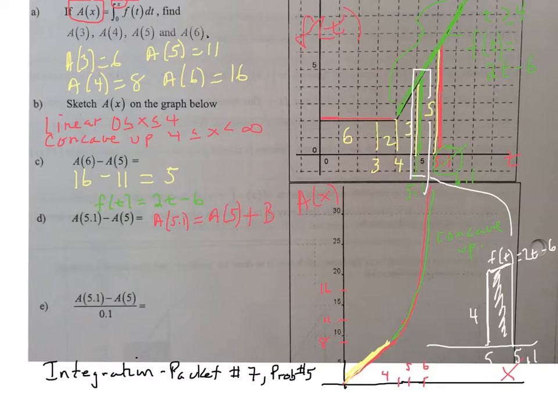And the function value at 5.1, that would be 10.2 minus 6, so 4.2, I believe, would be the height there. Now my delta x that I have down here, that's just 0.1, right?